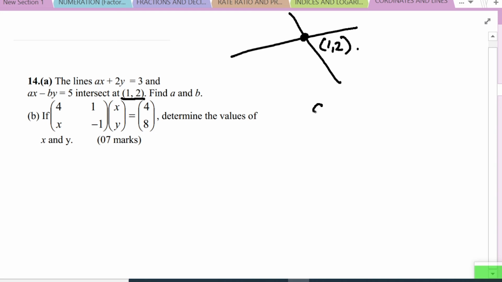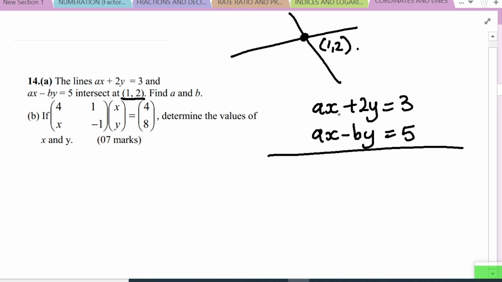So we shall say ax + 2y = 3. That's one of the equations. And then we have the other one, which is ax - by = 5. So let's fill in the point of intersection. The point of intersection is (1, 2).